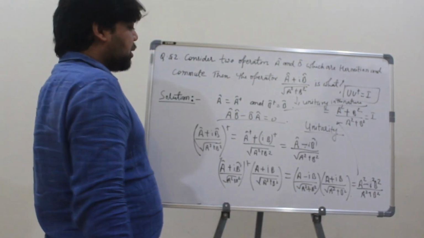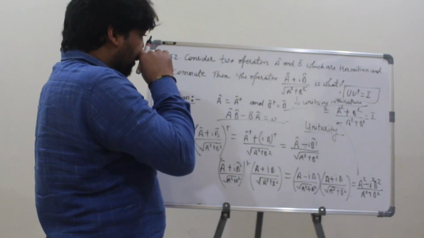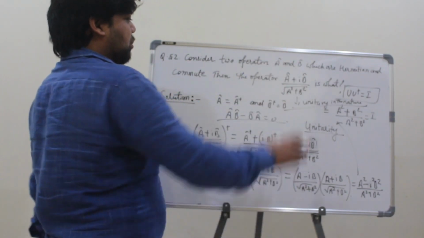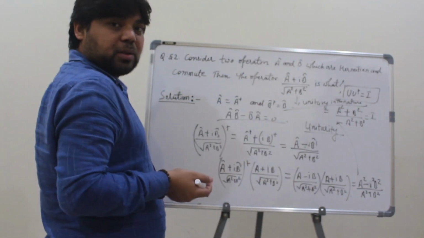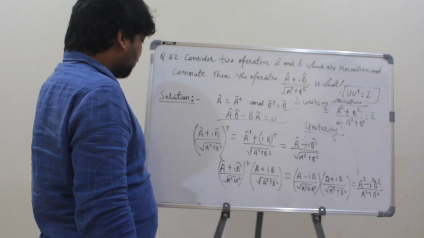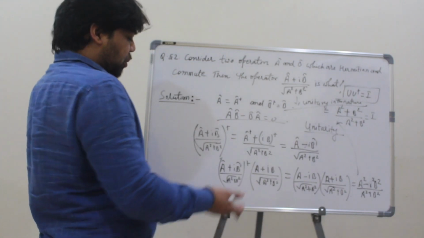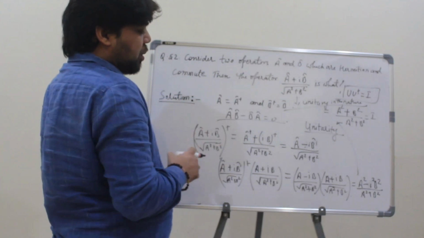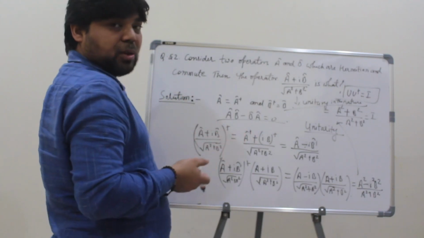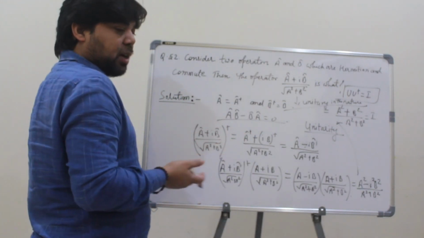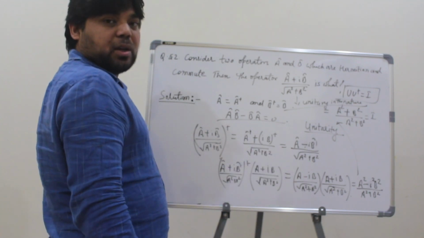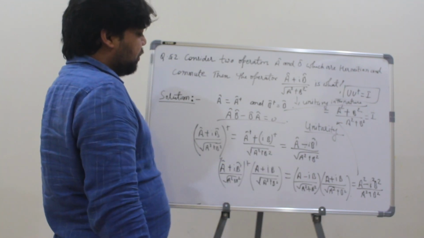So this is one simple way of finding out the nature of an operator given the nature of individual operators. This is one of the most significant problems in quantum mechanics, the nature of operators. This is asked in all sorts of exams, particularly JEST, GATE and NET.